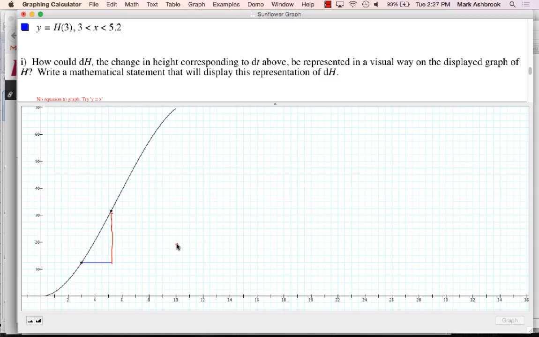Yeah, question. So if it ends up looking like that, straighter, you got it.